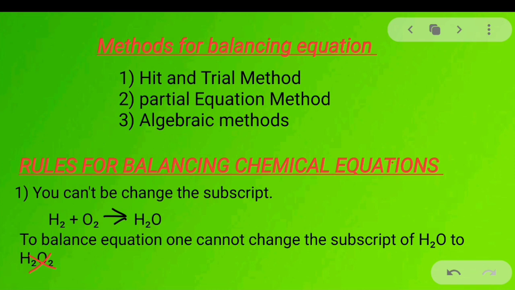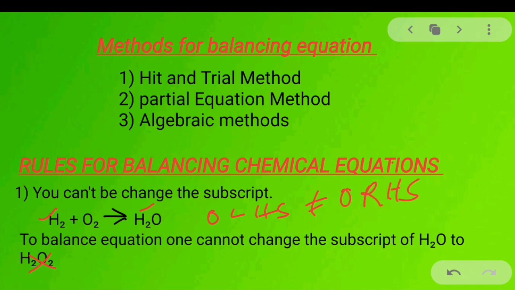The first rule is that you cannot change the subscript during balancing the equation. For example, H2O2 produces the water molecule. If you see, the number of hydrogen atoms is 2 in both sides, but the number of oxygen atoms in LHS is not equal to the number of oxygen atoms present in the RHS.